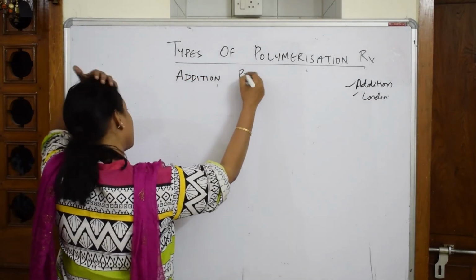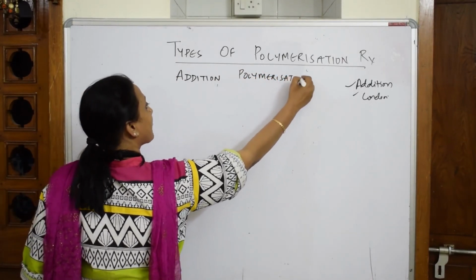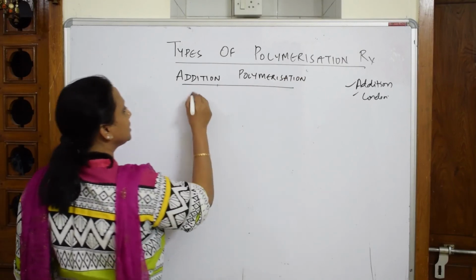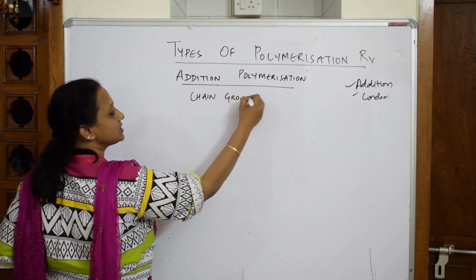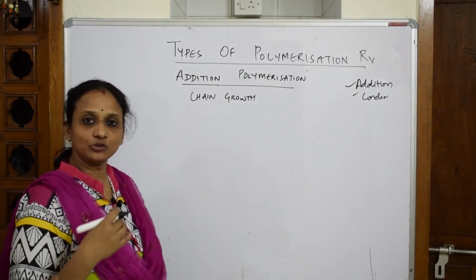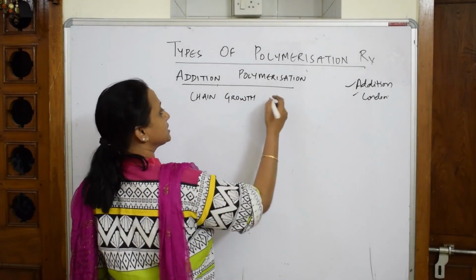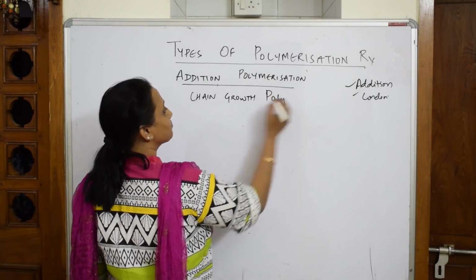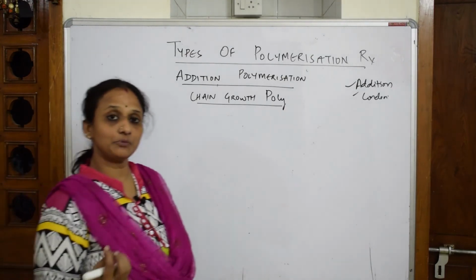Addition polymerization is also called chain growth polymerization. Means there is an increase in the length of the polymeric chain. It goes on increasing, propagating.